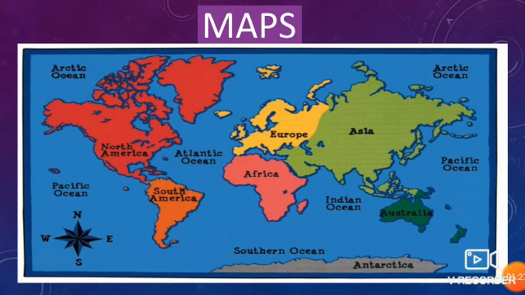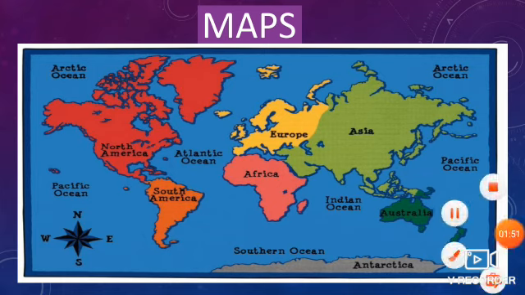Generally, oceans are the huge water bodies separated by the continents. So, we have 7 continents and 5 oceans. Let's see what they are. The 7 continents are Asia, Africa, North America, South America, Antarctica, Europe and Australia.